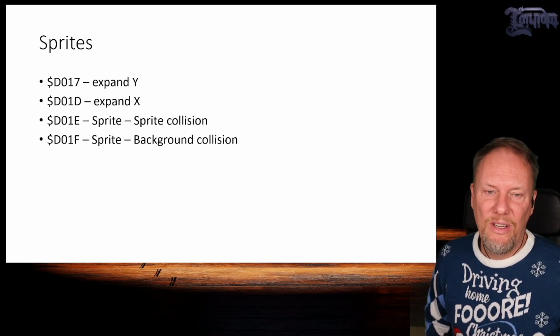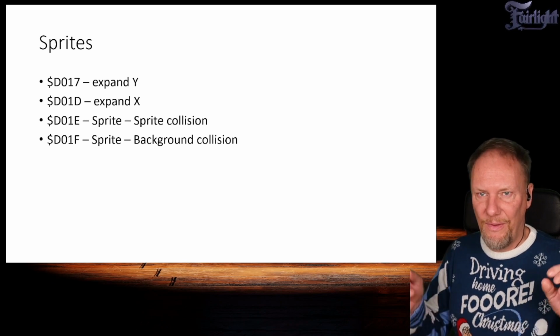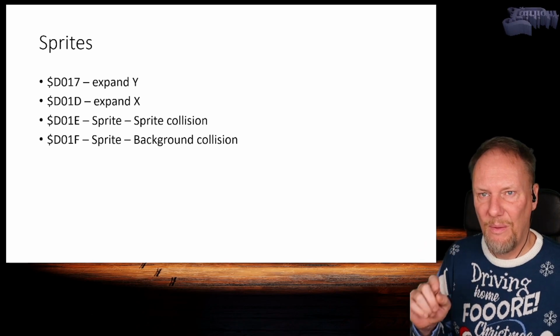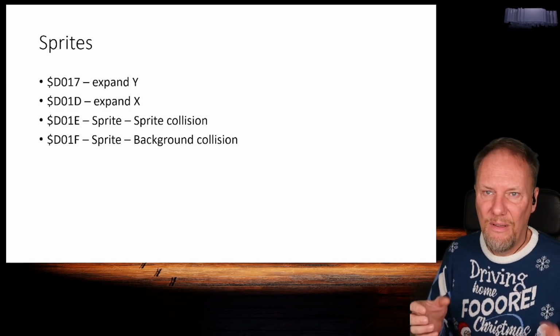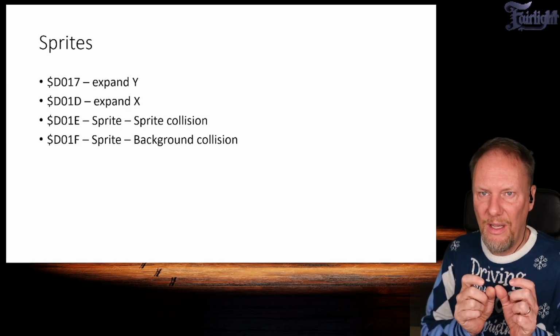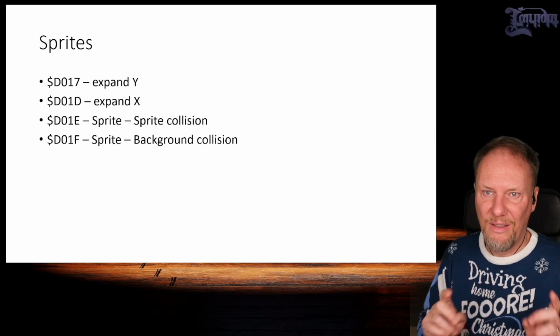Sprite to sprite collision and then sprite to background collision. If you have 3 sprites colliding, the corresponding bit of all 3 of them would be set. Or let's start with this simple case. Sprite 0 and sprite 1 are colliding. The bits on both sprites 0 and 1 are set.